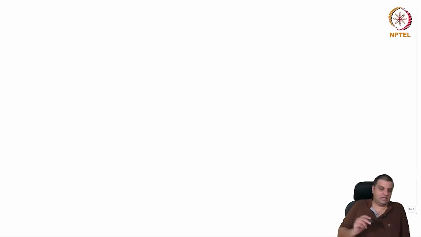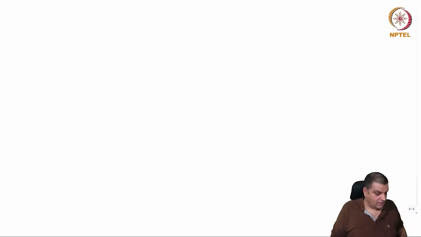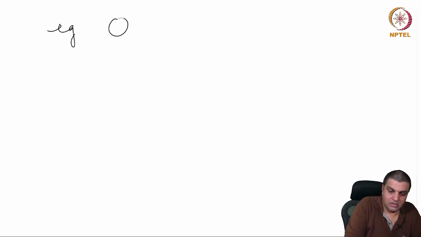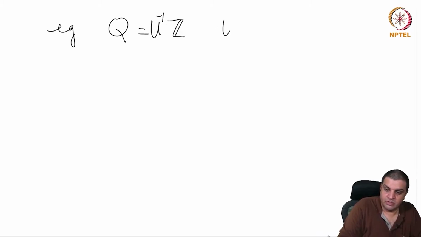So one defines such a set. For example, Q is U inverse Z, where U is Z minus 0.